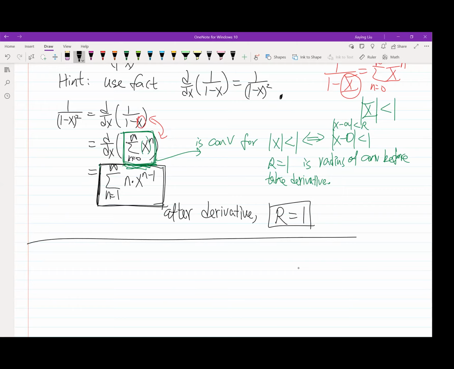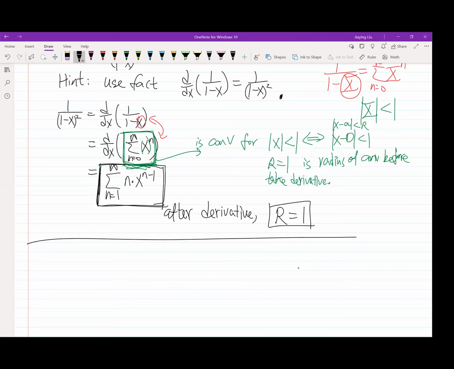I thought R has to be less than 1 though. It's not. So here I'm talking about capital R, which is the radius of convergence. It's just a value. It's not an inequality. Now, if you talk about the common ratio of a geometric series, that's a lowercase r. That has to be less than 1.